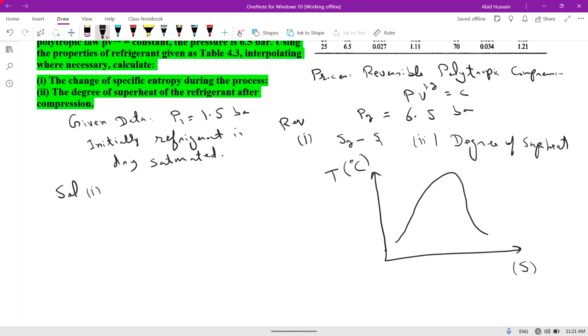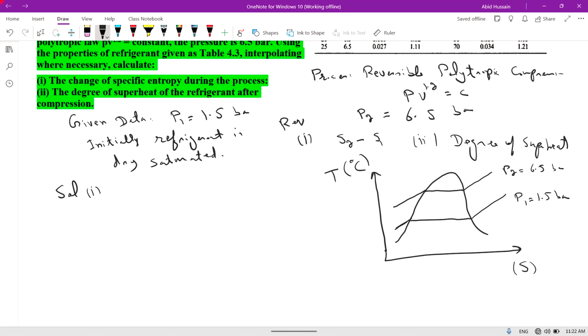This is something like the refrigerant curve, and P1 is equal to 1.5 bar. This is the saturation curve for steam, but for refrigerant it will be something like this, and this is P2. P2 will be equal to 6.5 bar, which is given to us.